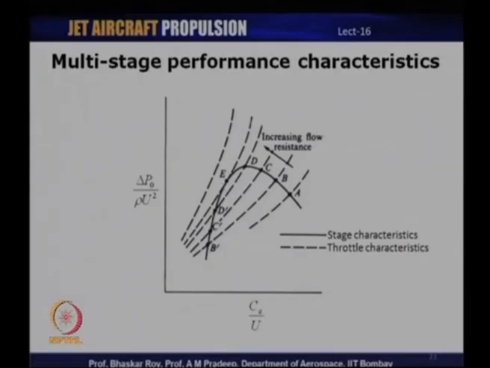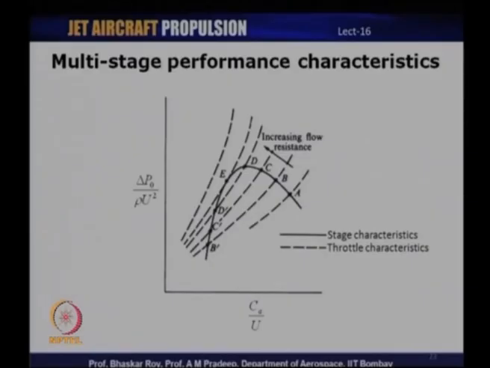So what happens really here is that beyond this point, which is given here as the tangent to the stage characteristic, any point on the left hand side of this is where the stage characteristic will have a positive slope, which will mean that reduction in mass flow will be accompanied by a reverse flow, which can fluctuate back and forth, because momentarily you would have a lower pressure upstream than downstream, which means that there would be a reverse flow.